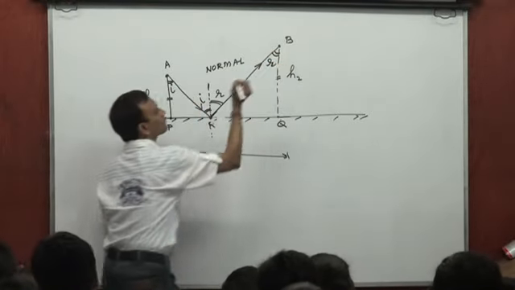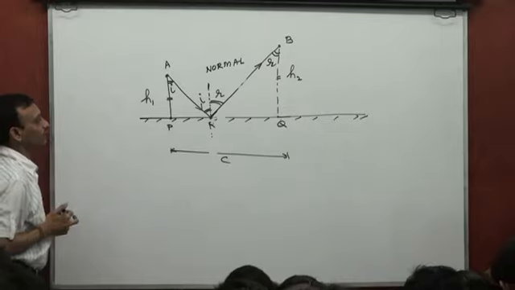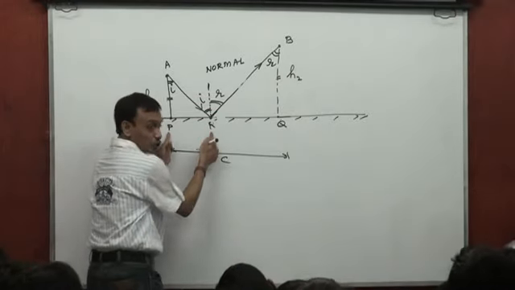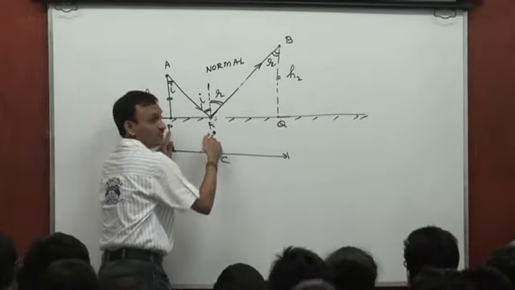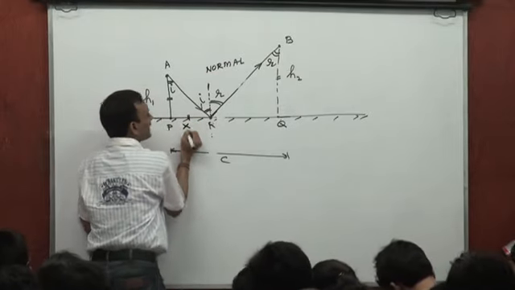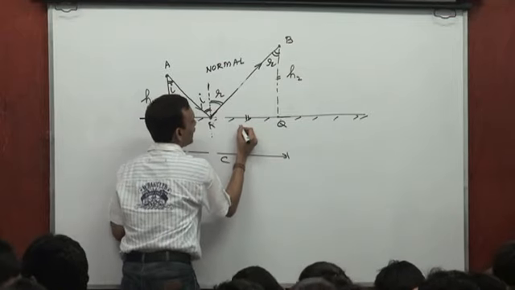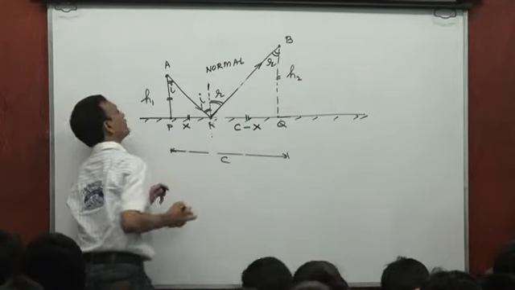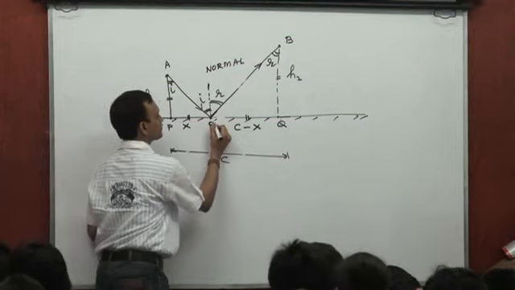This is R, right? And we need to locate R. P and Q are fixed, we need to locate R. To locate R, call PR as X. So RQ would become C minus X.